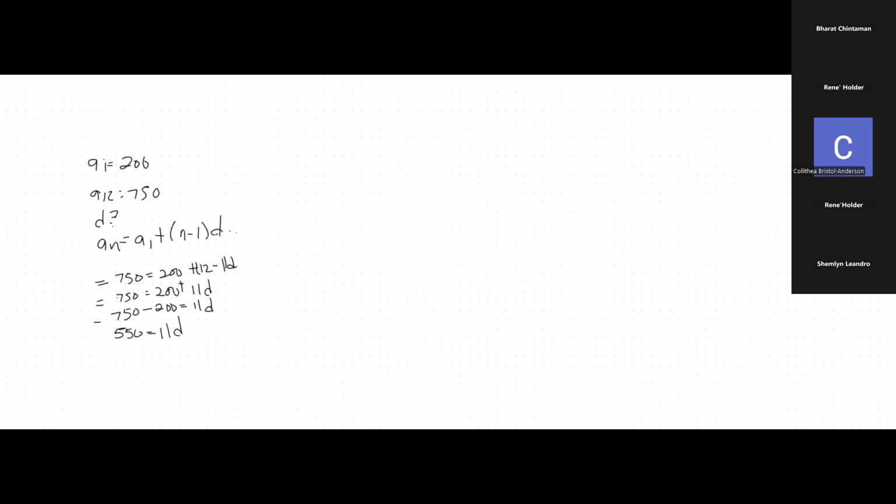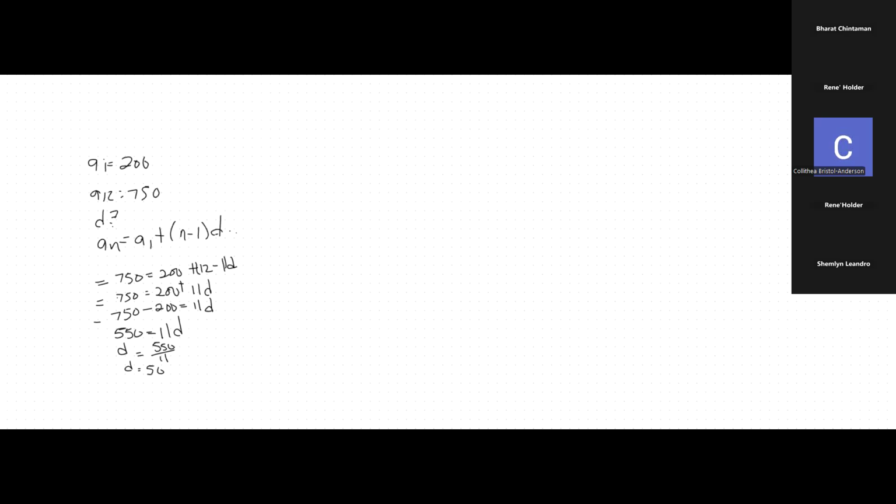So therefore, D would be 550 over 11. We now divide 11 into 550, which gives us an answer or quotient of 50. So we can safely say our difference is 50, which is our common difference.